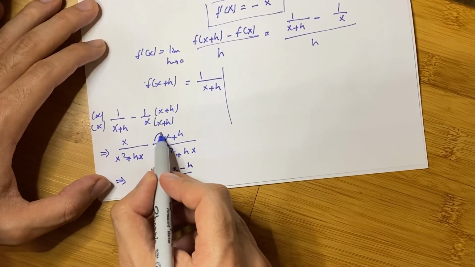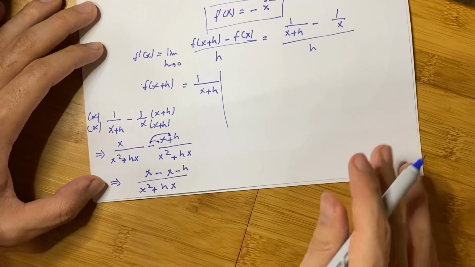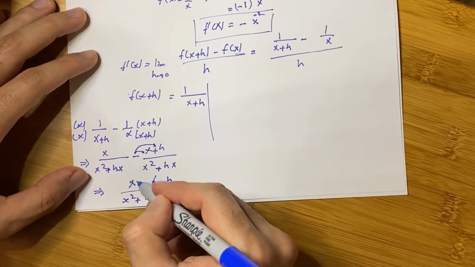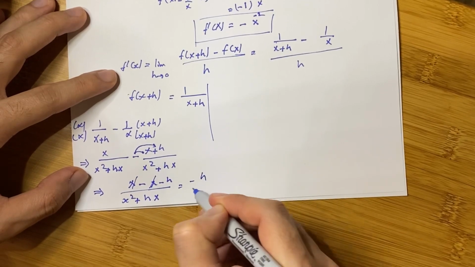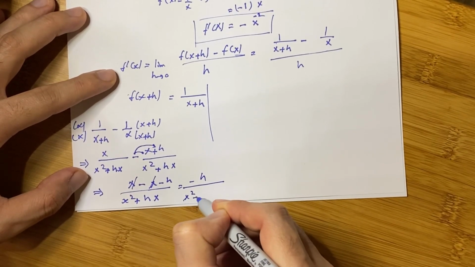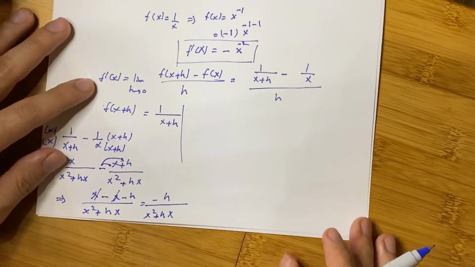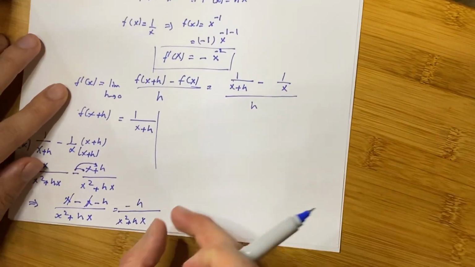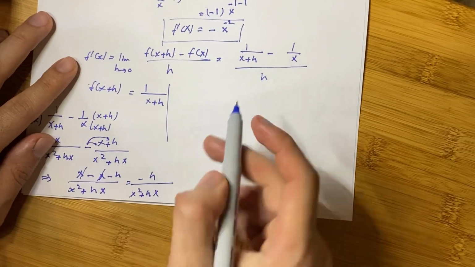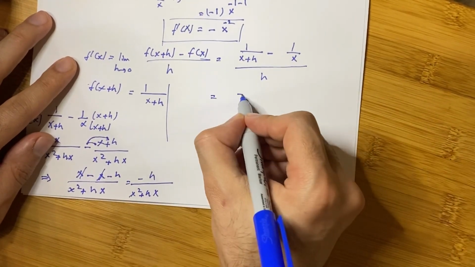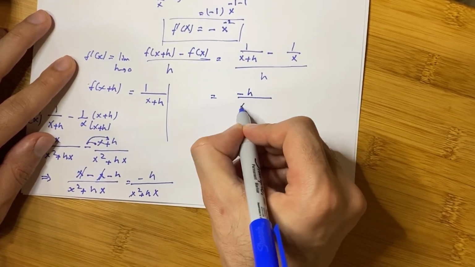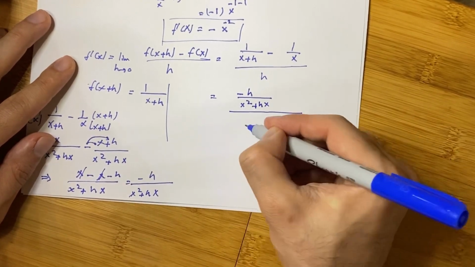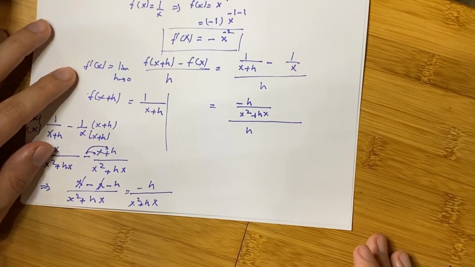So this will be substituted here and here. And that will be equal to minus h over x squared plus hx. So now this whole term transfers to this term in here.